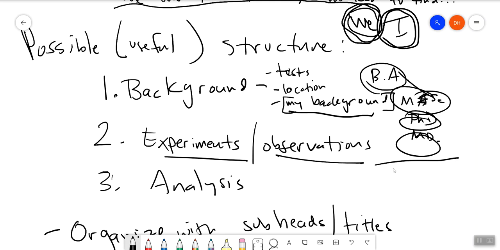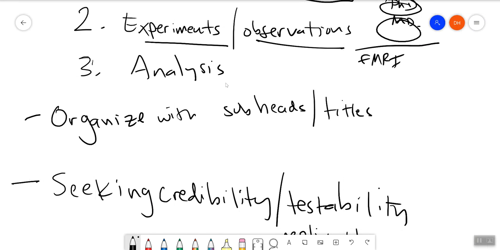So we would discuss the implementation of these diagnostic tests on individuals who scored high on the psychopathy checklist. And then the fMRI results and observations would then be listed. And then the analysis of those observations.